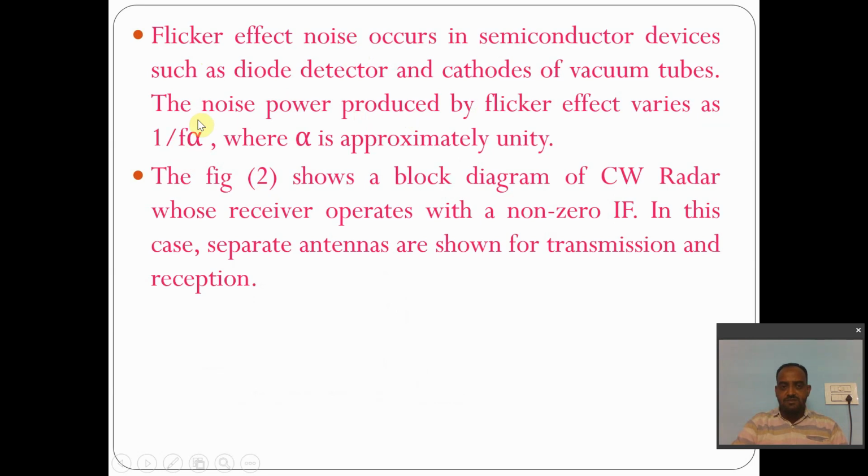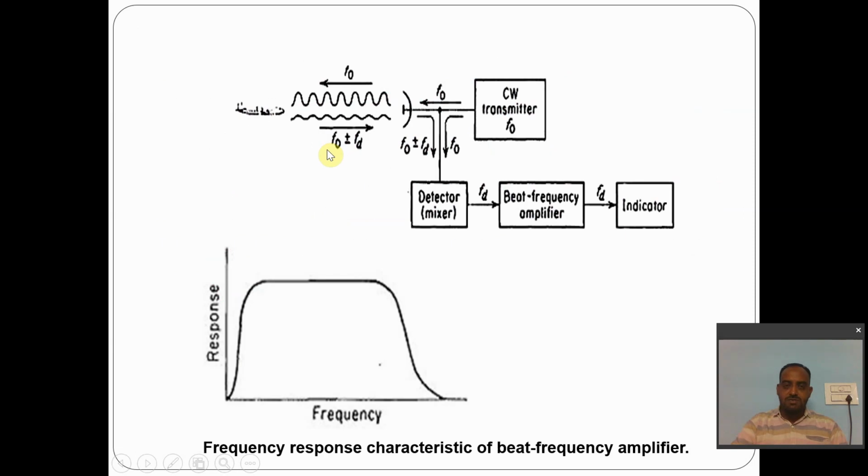That means if the frequency decreases, the noise power increases. So this system is greatly affected by noise because of its low operating frequency. That is the drawback of the system. Its sensitivity and selectivity are both poor because of this large bandwidth.